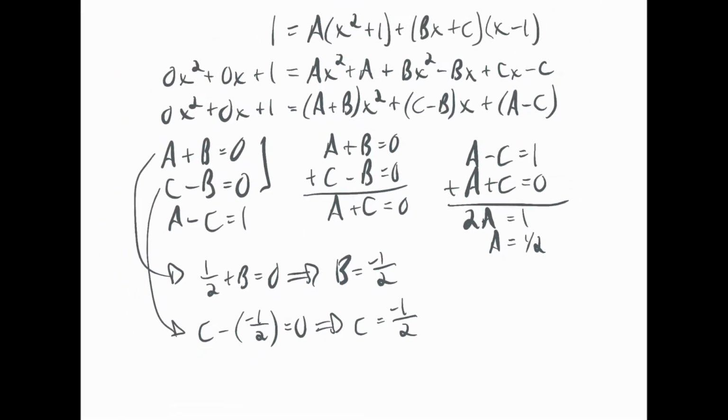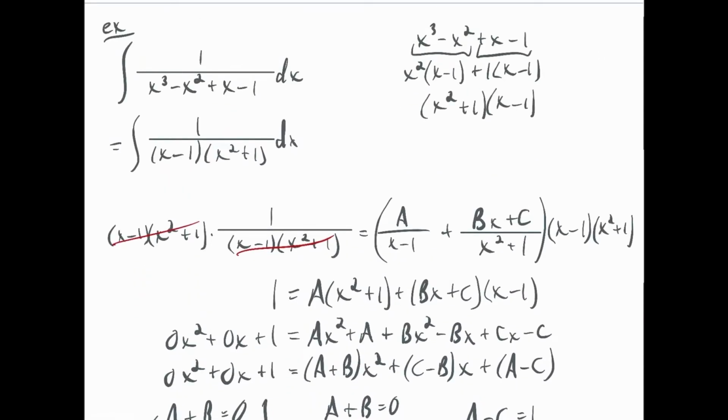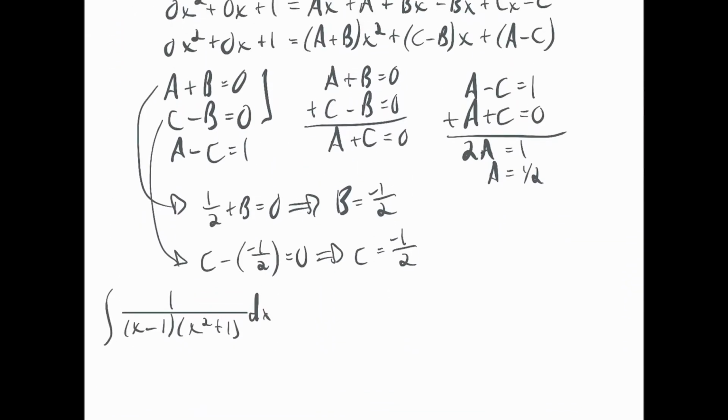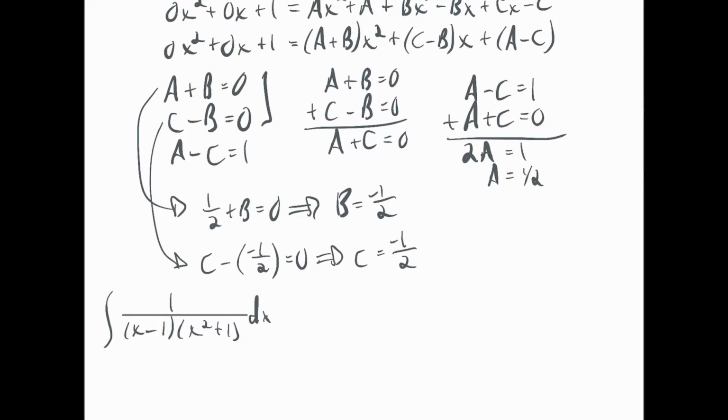Anyway, so what this means is this integral, which I'll copy down here. Oh, we're going to run out of room. Okay, let me pause real quick and make room.